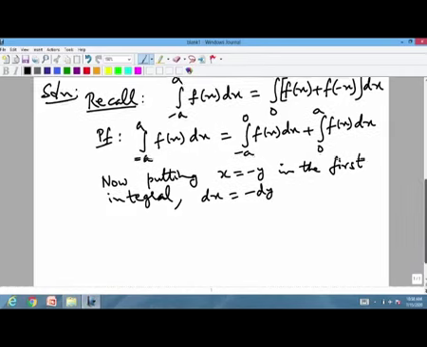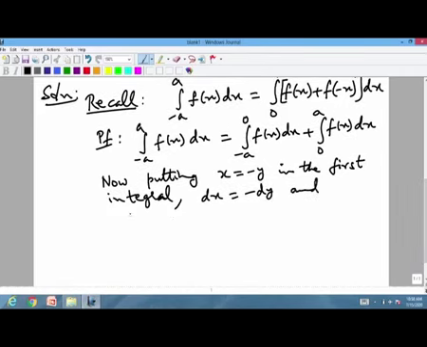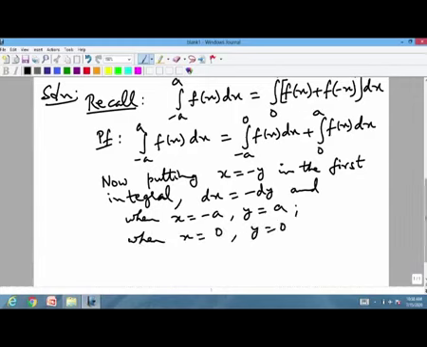When x equals minus a, y is equal to a, and when x is equal to 0, y is 0.